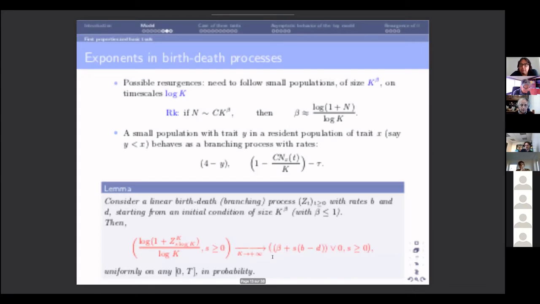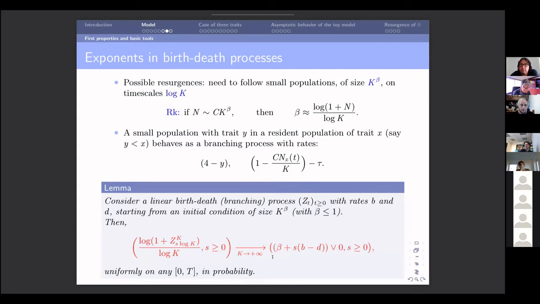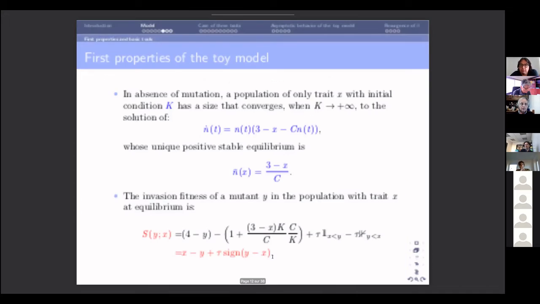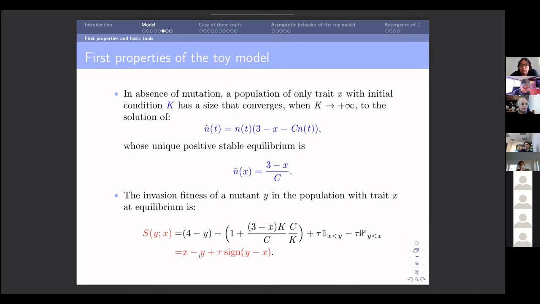Maybe a comment. For example, if you take Y larger than X, then you get plus tau, so plus something which is close to 0. So the fitness is positive just when Y is larger than X, negative when Y is less than X, and then it decreases.